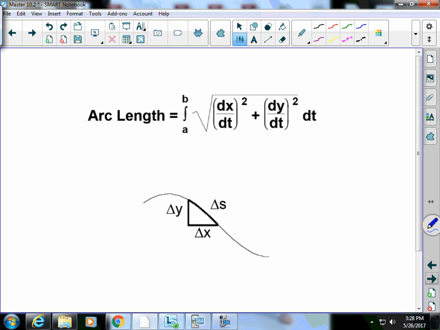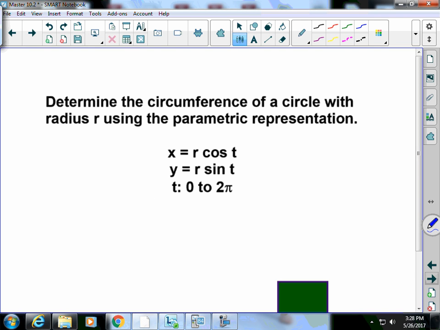So now let's look at arc length. We did this before in section 8.1 or 8.2, whichever one we did arc length for. Now we're going to say it's the same thing for parametrics. Use that same concept, but instead now I'm going to have dt's. So this is the formula we're going to use. I want dy/dt, so I have to take the derivative.